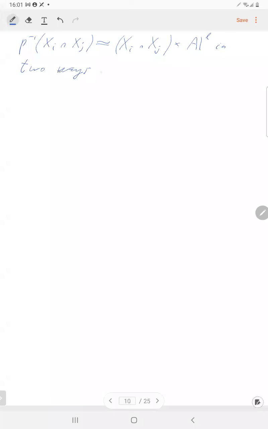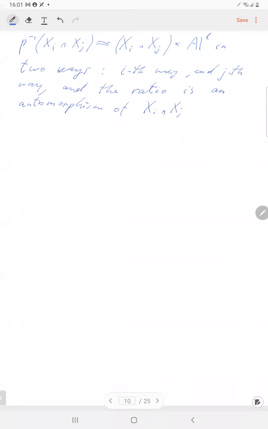Okay. So the i-th way and j-th way, the ratio of these two ways is an automorphism of X_i intersect X_j times A^l.